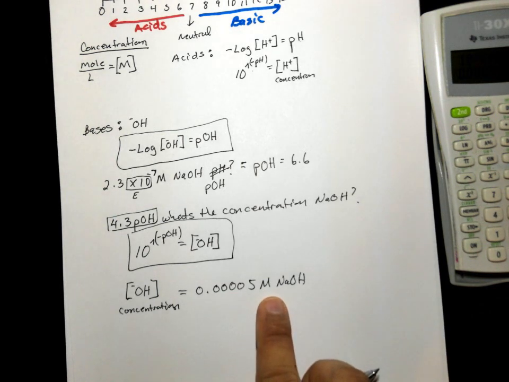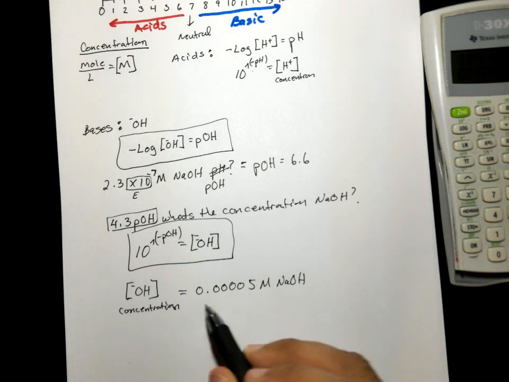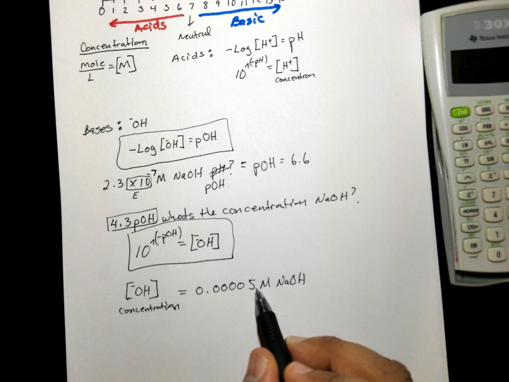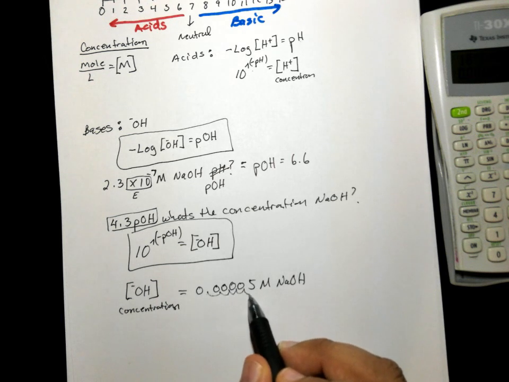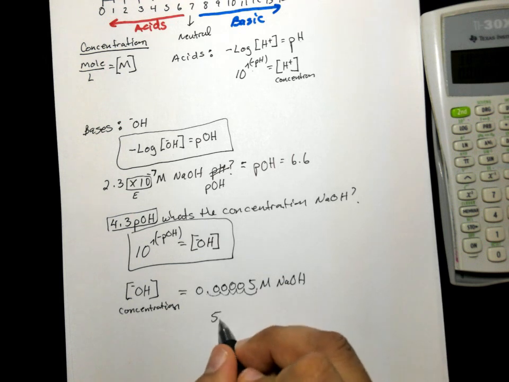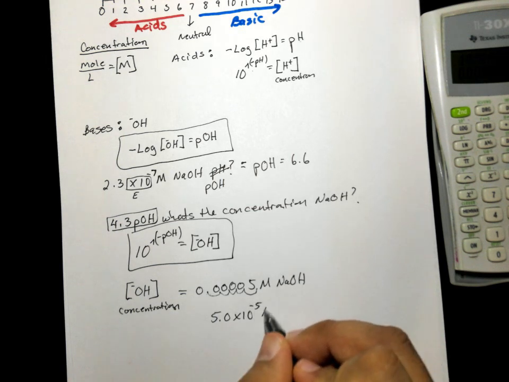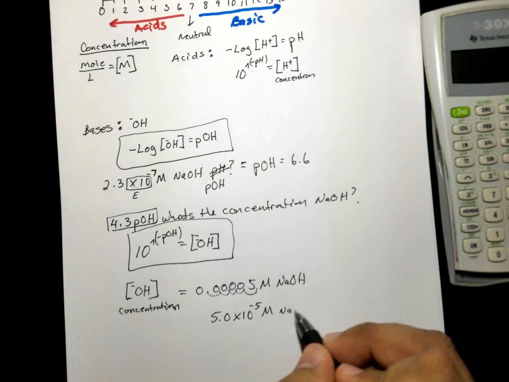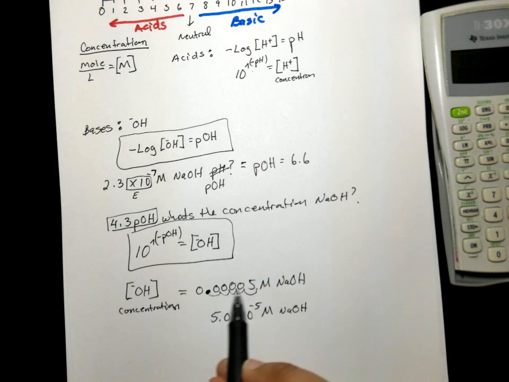So depending on your specific calculator, it might give you this long answer, or it might put it in scientific notation. So we're going to move the decimal past the first real number, so it's 1, 2, 3, 4, 5. So your calculator might give you 5.0 times 10 to the negative 5 molar solution of NaOH. So both these answers are correct, whether it's the long form or the scientific notation form.